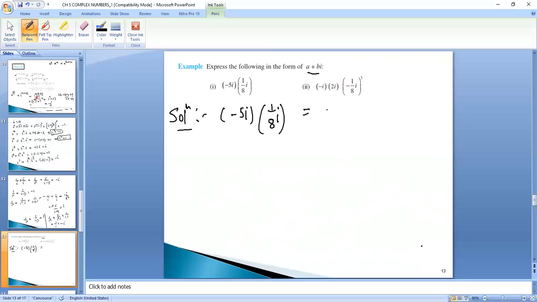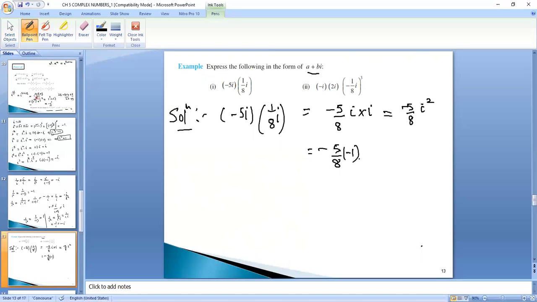Multiply the two numbers. So it is minus 5 into 1 by 8, 8 into iota into this iota. It is minus 5 by 8 iota into iota, iota square.